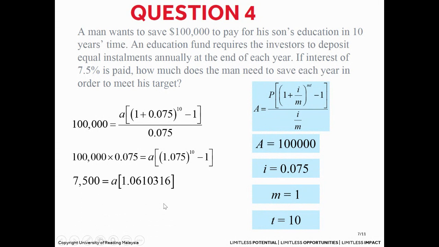Now you shall bring the number in the bracket on the right hand side over to the left hand side. You shall cross divide. Now use your calculator and work out these calculations. Your answer should be 7,068.59. The man needs to save this amount every year.